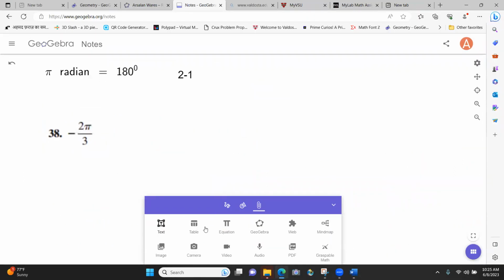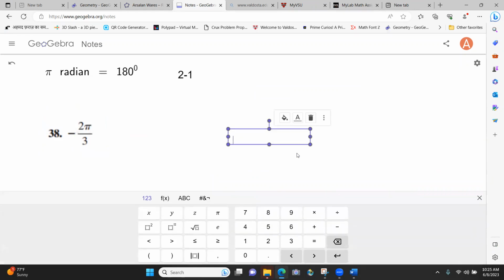So I'm going to start with this. Negative 2 pi over 3. I'm kind of copying the question. So I'm going to convert it to degree. Instead of pi, I'm going to write 180 degrees because pi radian is equal to 180 degrees.